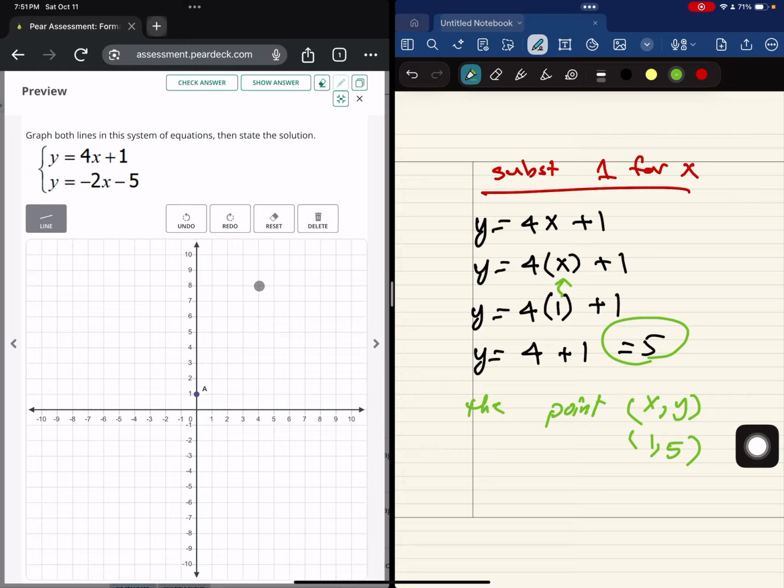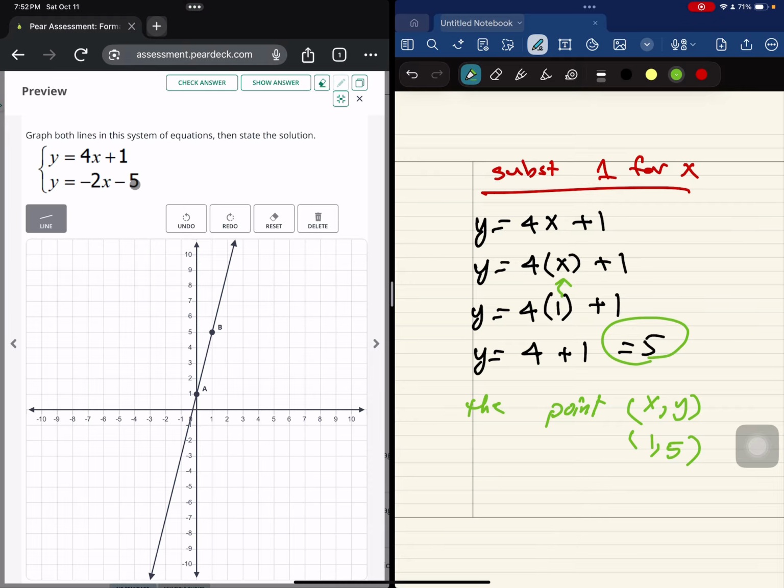So here is the point (1, 5), here is x equal 1, and here is y equal 5. And as we see, here is the line that represents the equation y equal 4x plus 1.